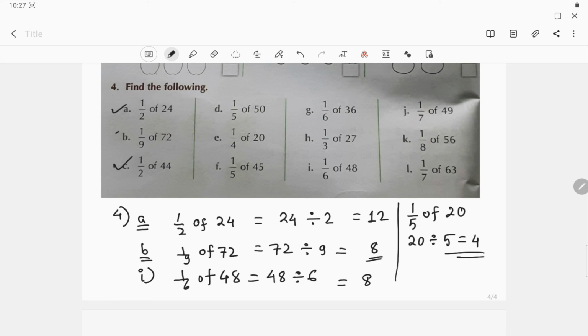And the rest of the parts, please do it by yourself and try to learn. This is a very interesting thing and different from the numbers we have learned up to this session. Okay, thank you. See you in the next video.